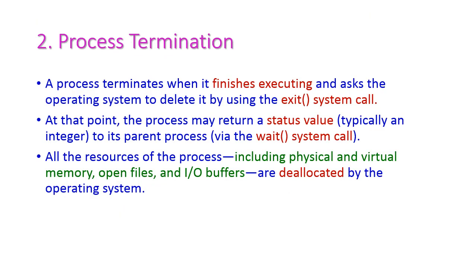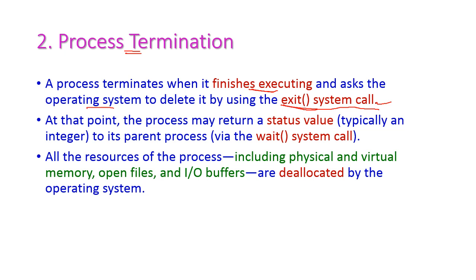The next operation is process termination. Once the process has completed its execution, it is terminated by using the exit system call. The operating system uses the exit system call to terminate the process.